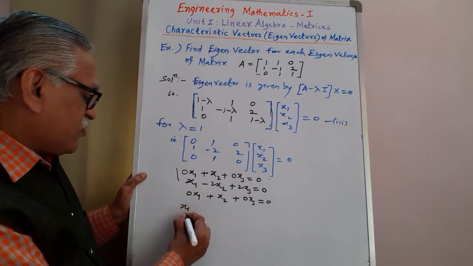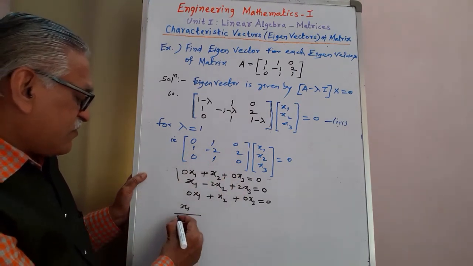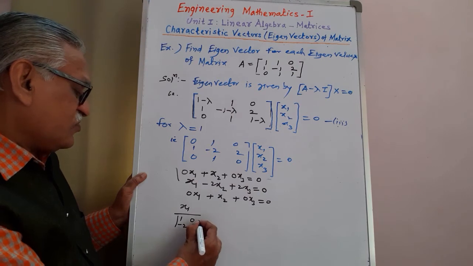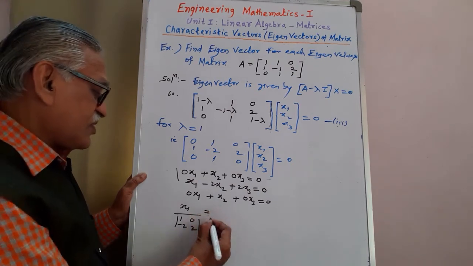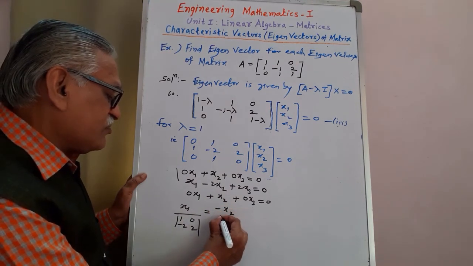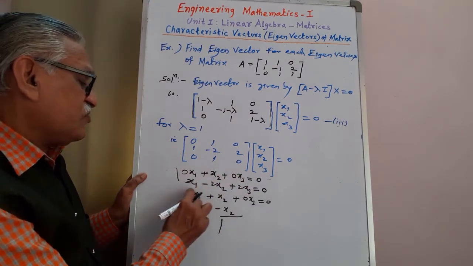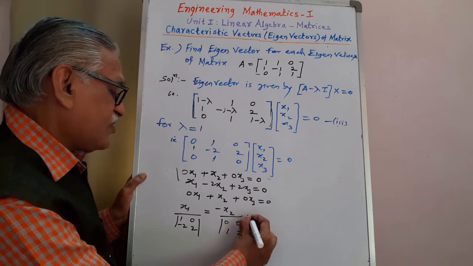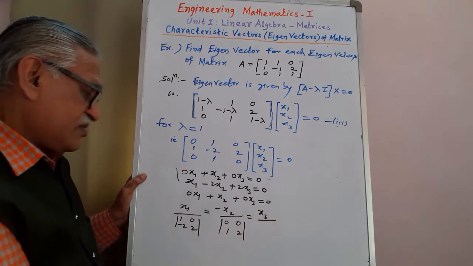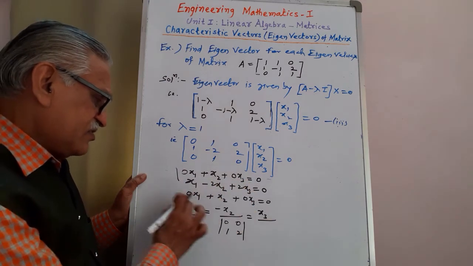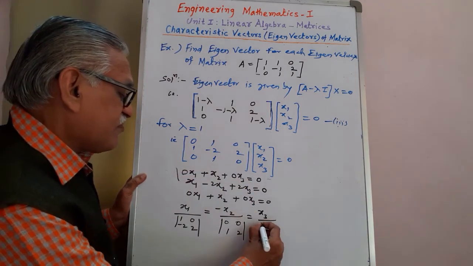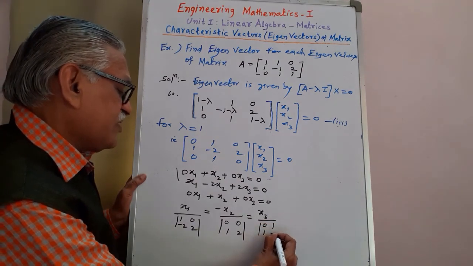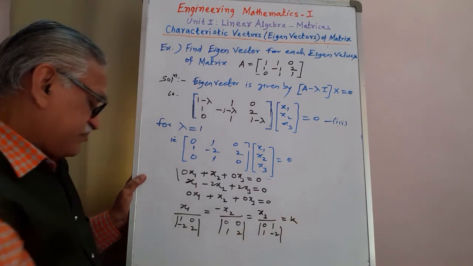We get x1 upon the determinant of 1, 0, minus 2, 2, minus x2 upon 0, 0, 1, 2, x3 upon, neglecting this, we get 0, 1, 1, minus 2, and equals k.